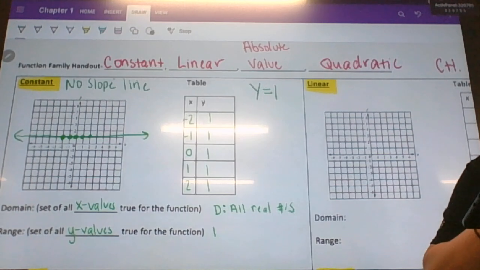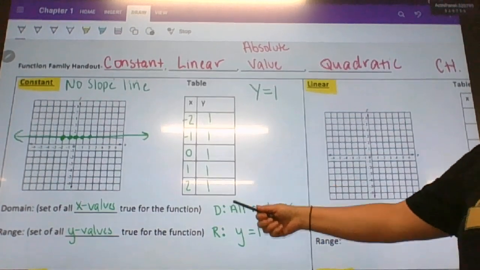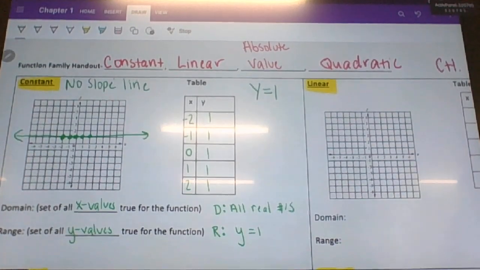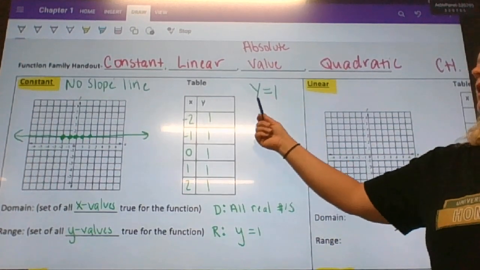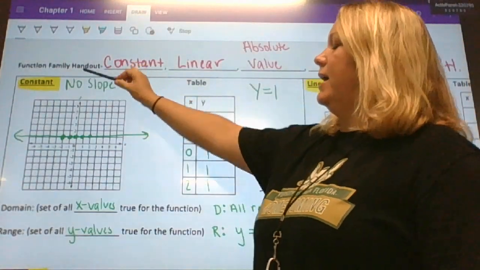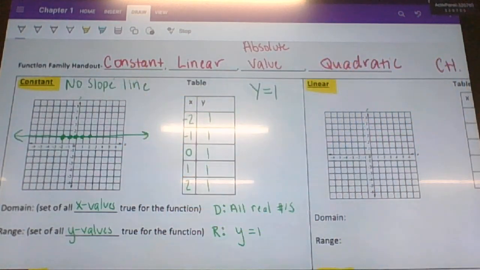And the range for this guy is just y equals 1. Y isn't anything other than 1 for this whole function. But if our equation was y equals 8 and we graphed it at 8, our range would be y equals 8. All right, moving right along.